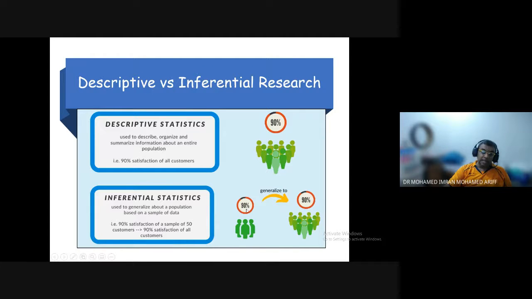So when 90% out of this 50 is satisfied, then we can generalize back that 90% of the population is satisfied. Okay, 100, 50, 90% are satisfied, then we can say 90% of all the customers are satisfied.